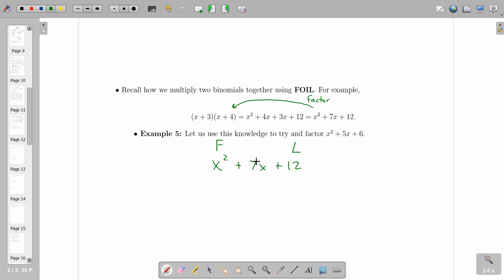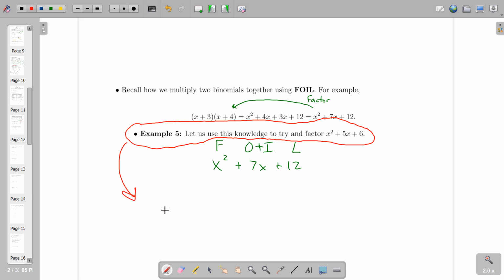And then the 7x, remember that came from outside plus inside. Okay? And I'm sorry, this looks like I'm doing example 5. We'll do example 5 in a second. I'm doing the one from the example itself above. So here, we'll do that in a moment.